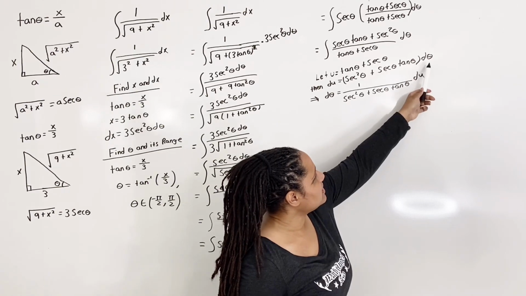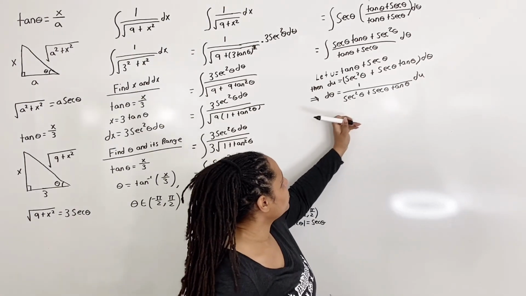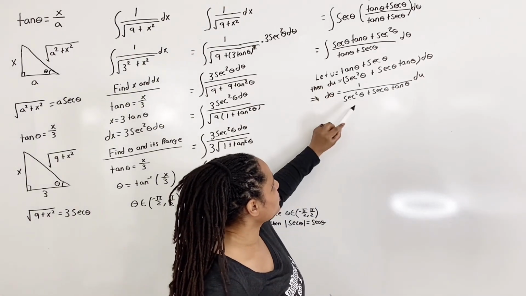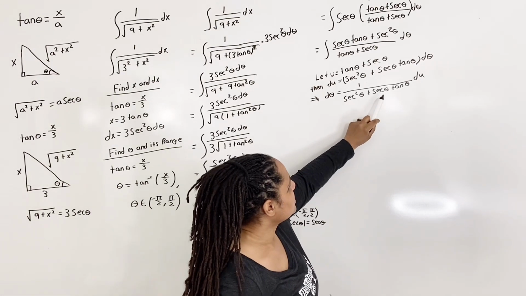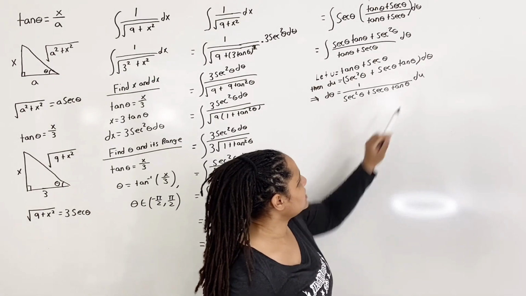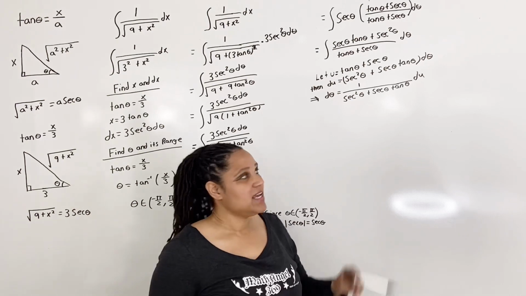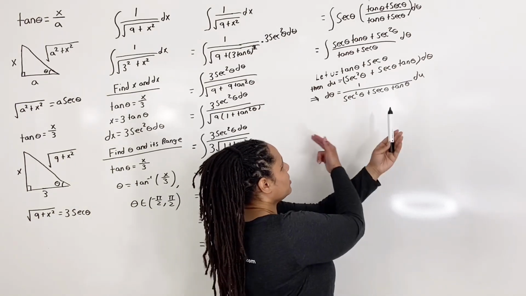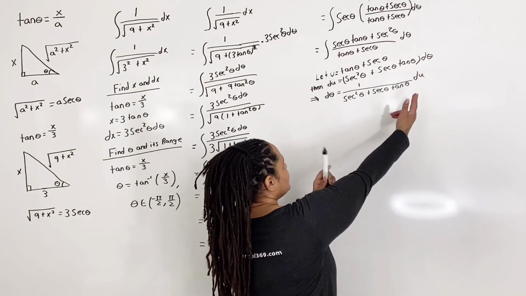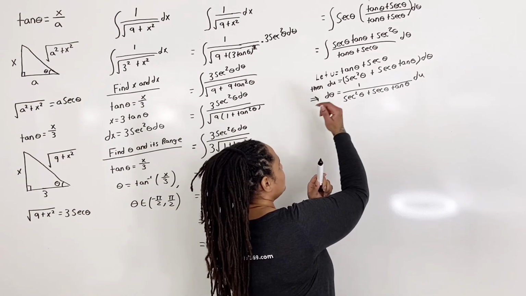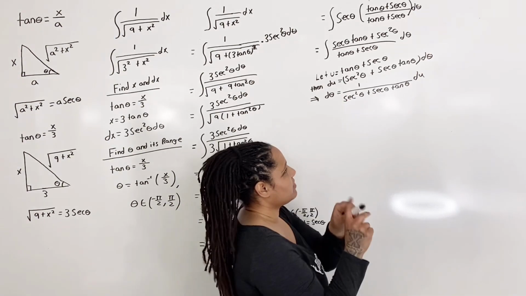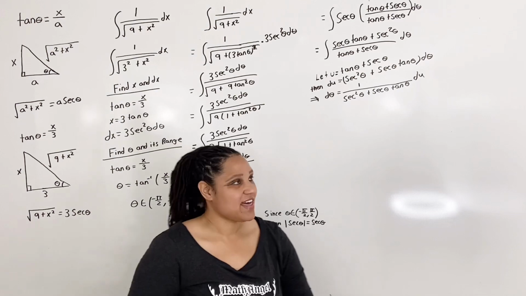That gets d theta by itself, and we will have 1 over secant squared theta plus secant theta tan theta du on the other side. I just rewrote the right side of the equation on the left and the left side on the right. I just restructured it that way.